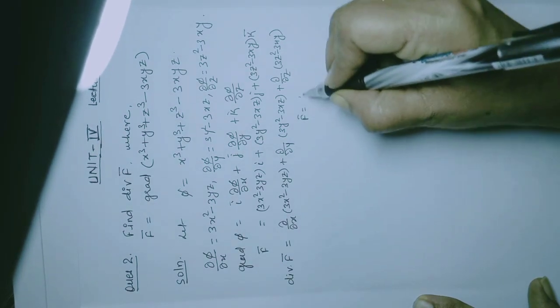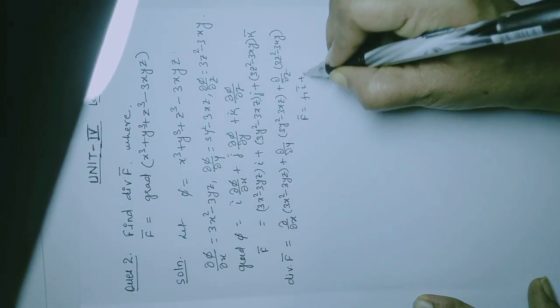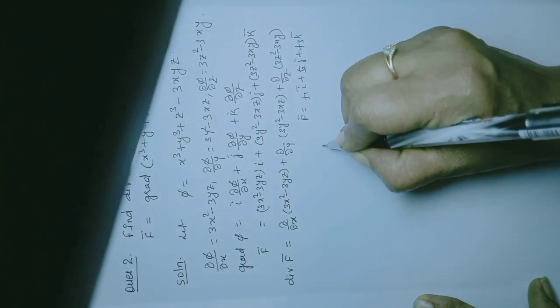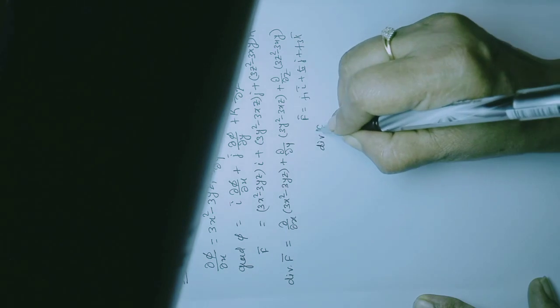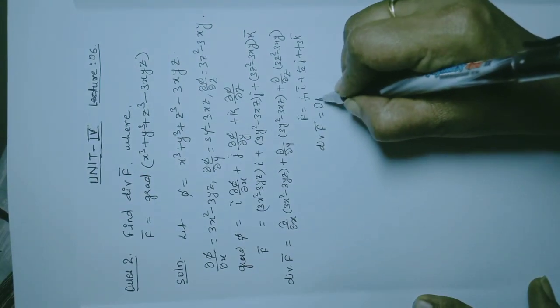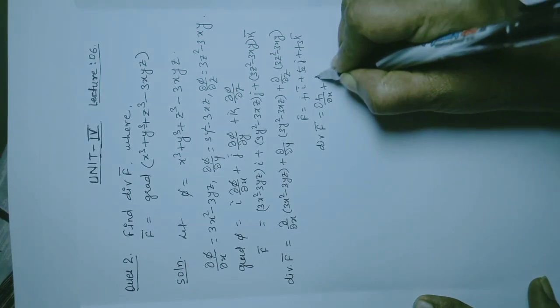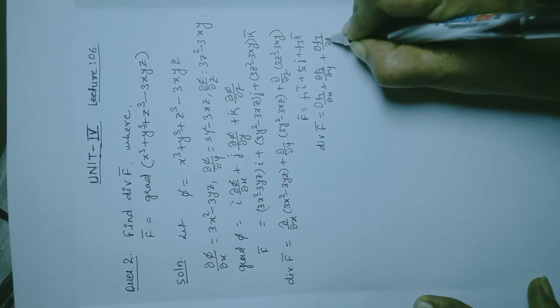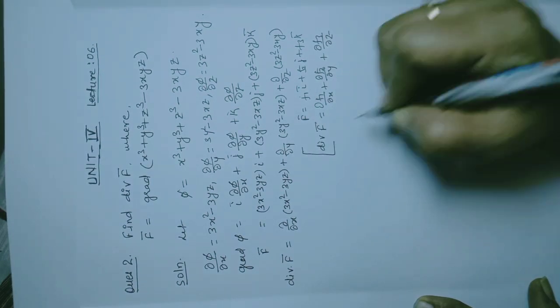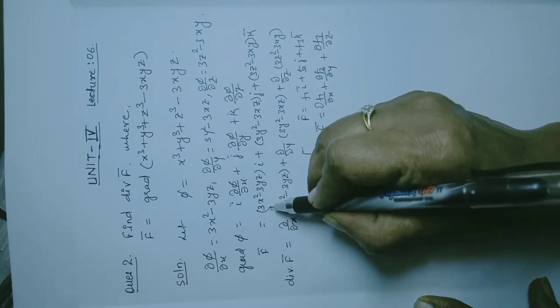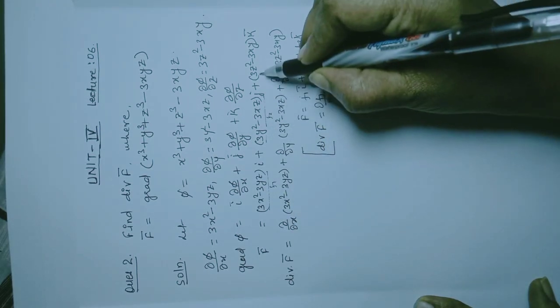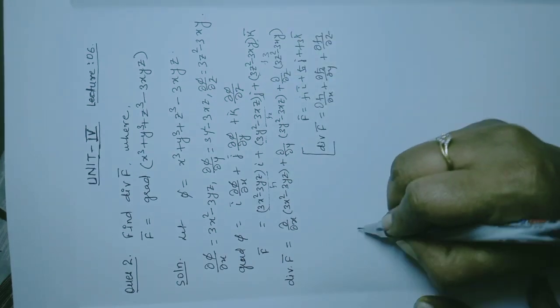Because if f is the vector f1 i plus f2 j plus f3 k, then you know that divergence of f is equal to del f1 by del x plus del f2 by del y plus del f3 by del z. This is already known to you. So this is nothing but f1, this is your f2, and this is your f3.